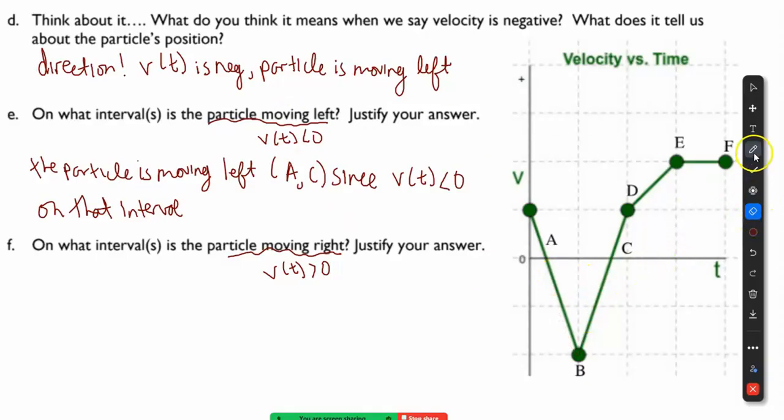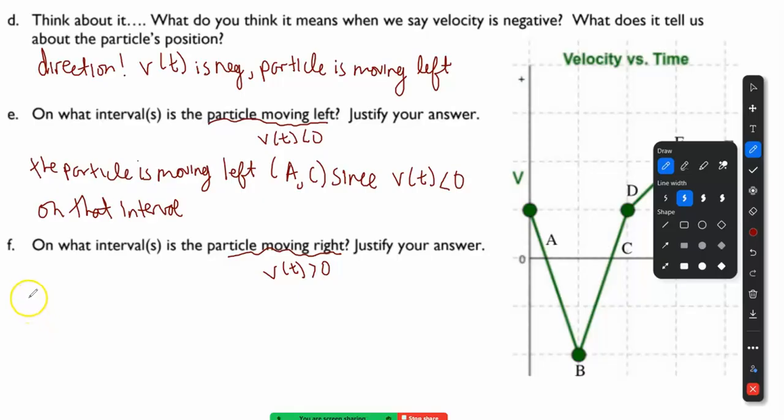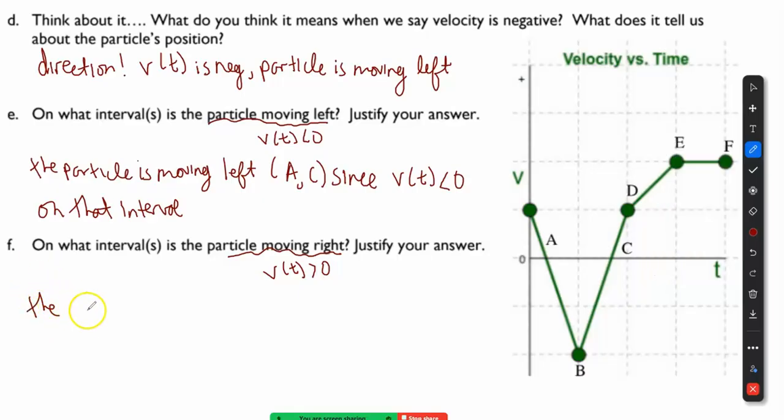And then I'm going to look for where velocity is positive. The particle is moving right when my velocity is greater than 0 or positive, and that's all of this.